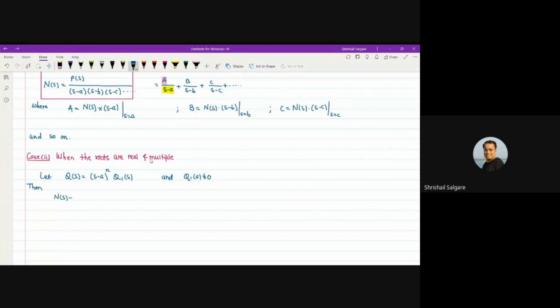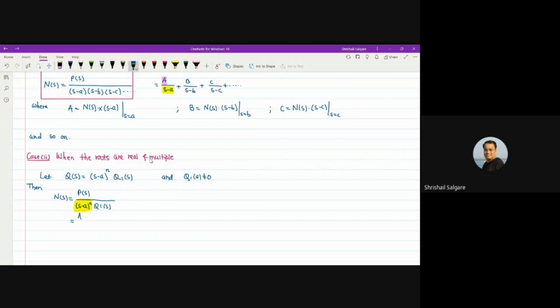Then in this case, N of s is given as P of s divided by Q of s, which I will replace as s minus a raised to n into Q1 of s. Now remember, here I am demonstrating only for the repeated factor, that is s minus a raised to n. It can be written as: use the same notations.